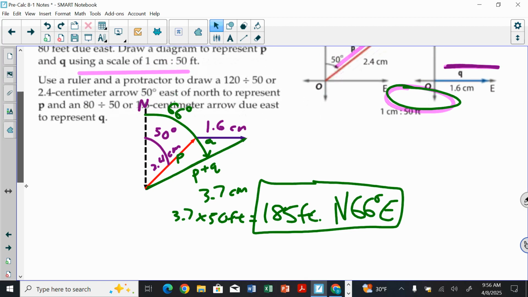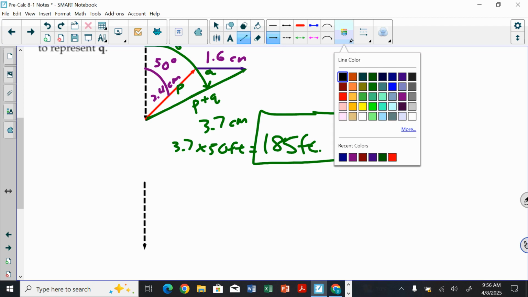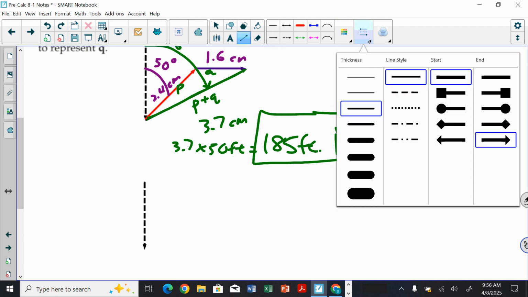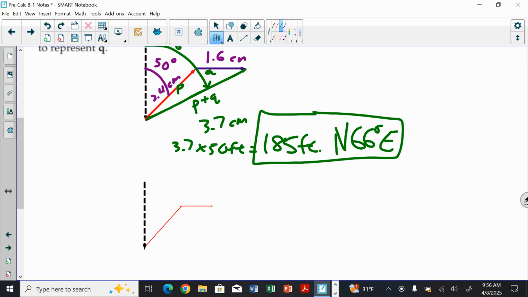I'll do it down here. Okay, cool. So I got this here. I'm just going to try to do the same thing and use my P vector here. Let's use my Q vector going this way, okay? So I can label those. This is P, this is Q.